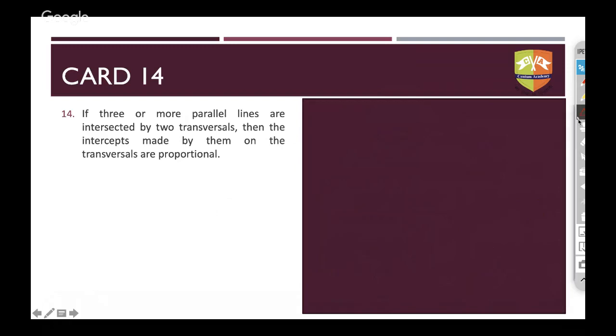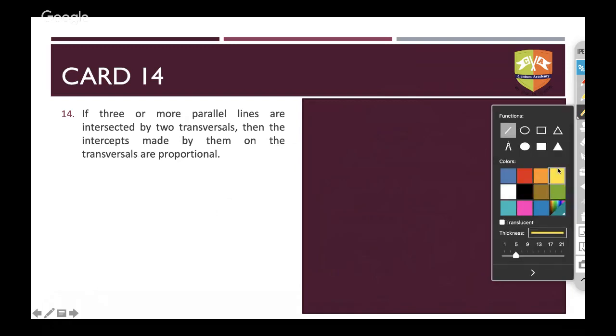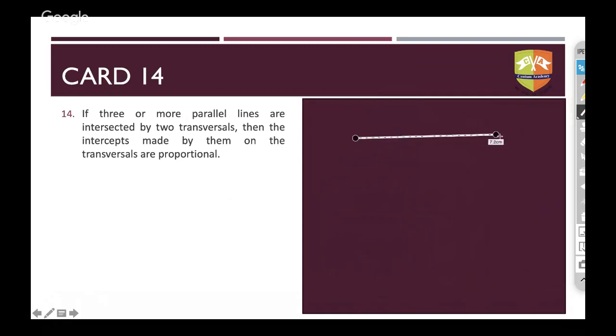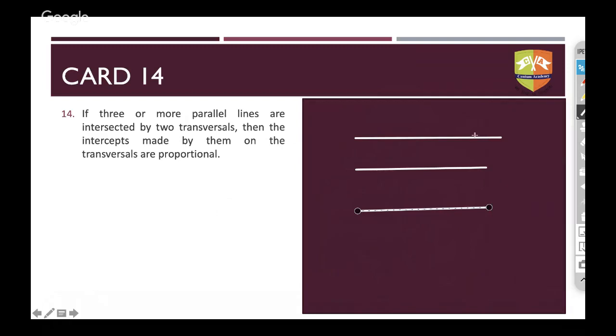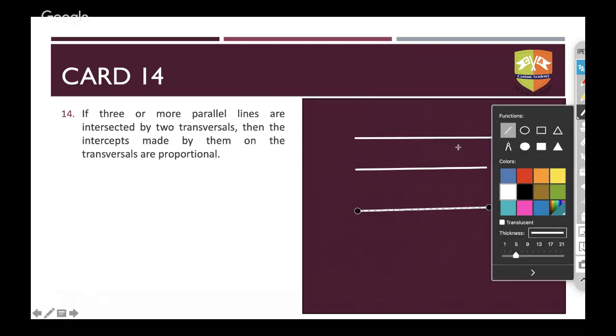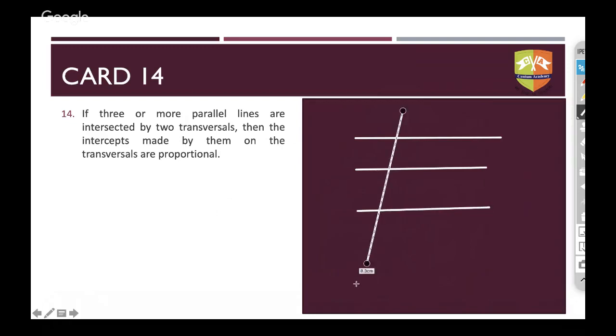So let me draw some parallel lines. Parallel line 1, then another one, parallel line 2, and then parallel line 3, like that. And then it is intersected by two transversals. Let's say this is one and this is another. Then the intercepts made by them on the transversal are proportional.